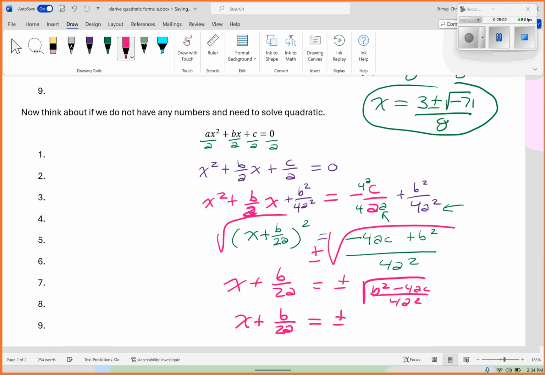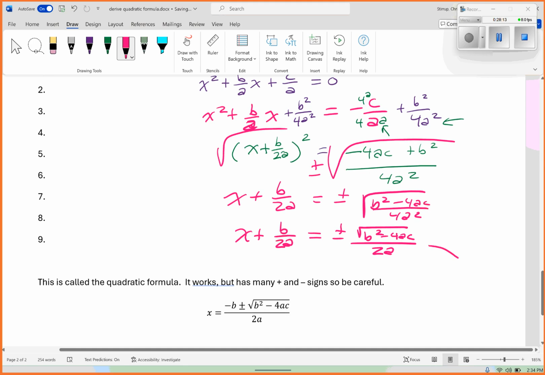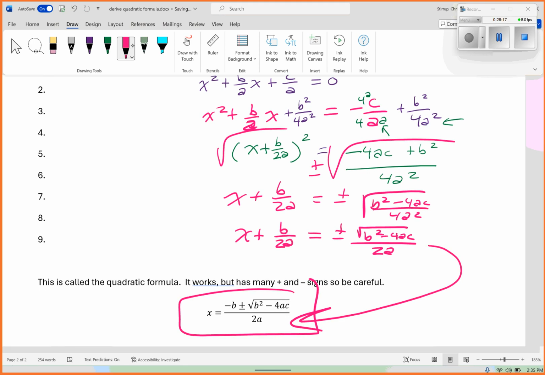Square root of a squared is a. So we get 2a. Clean it up. And this cleaned up is this, which is the song that you're going to walk out of here thinking about. Ready? X is equal to negative b plus or minus the square root of b squared minus 4ac all over 2a.